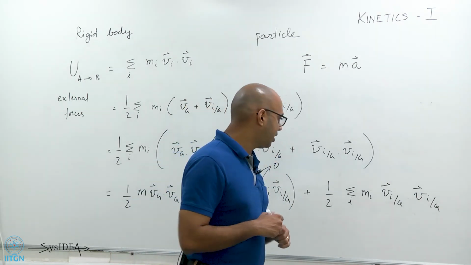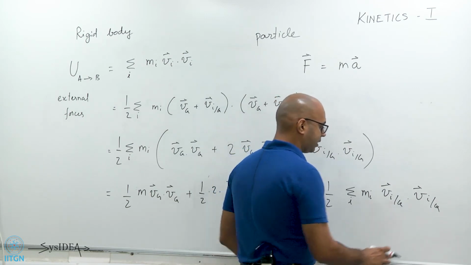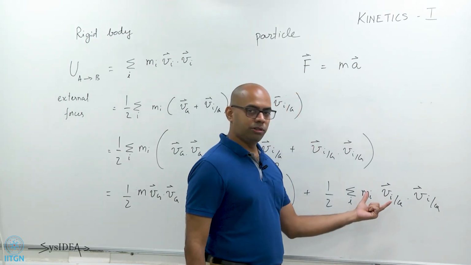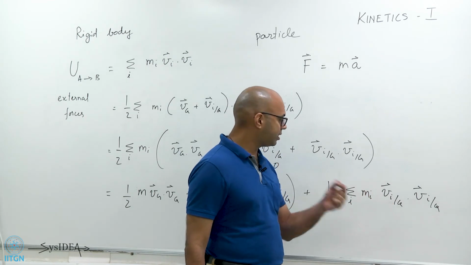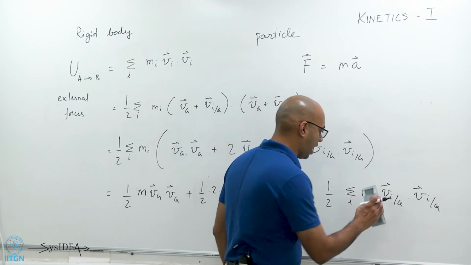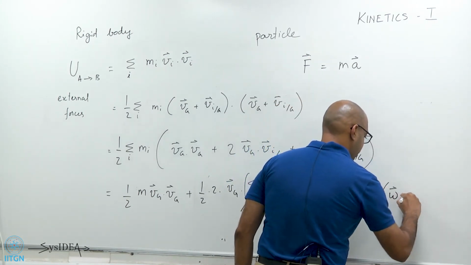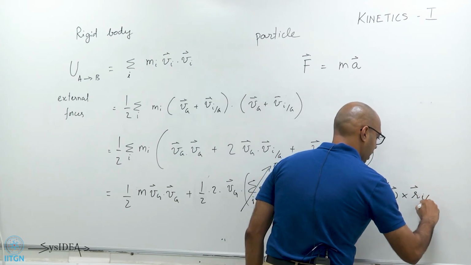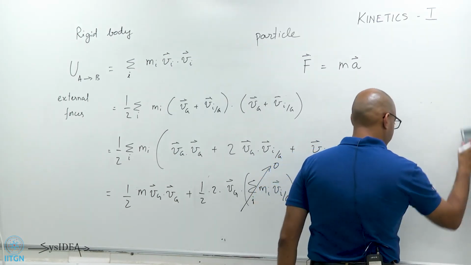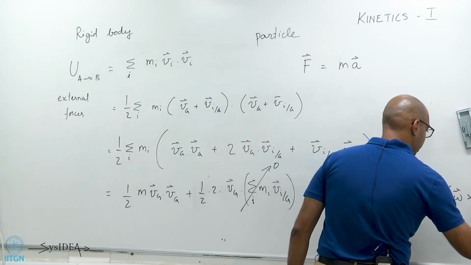So, what we said in the previous concept capsule is that for 2 points with fixed distance in between them, the velocity is just omega cross R_ij. So, I can rewrite this as omega cross R_ij dot with omega cross R_ij.